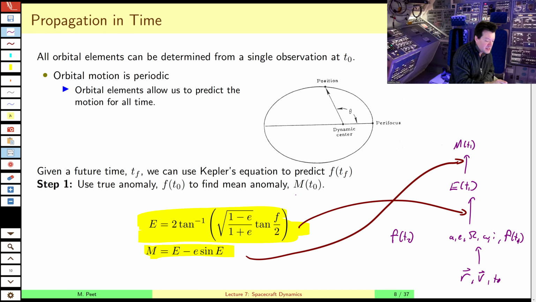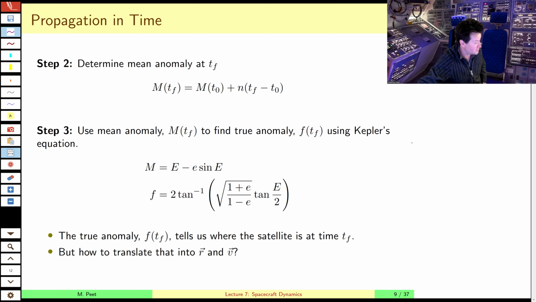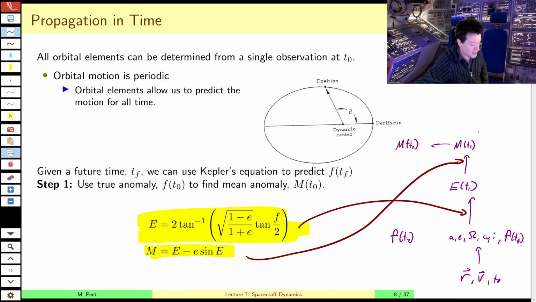And now we've got to calculate the mean anomaly at t2, which is on the next slide. So in particular here, I'm back to using t naughts.